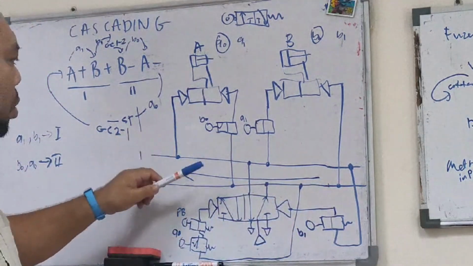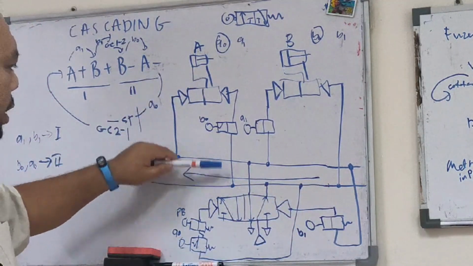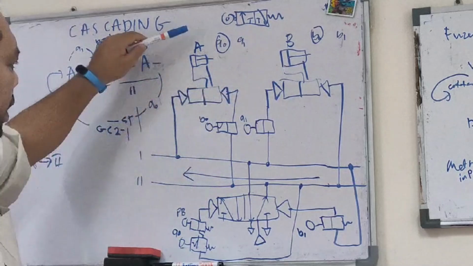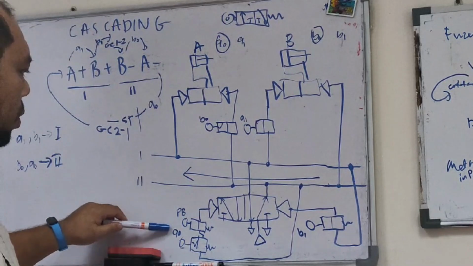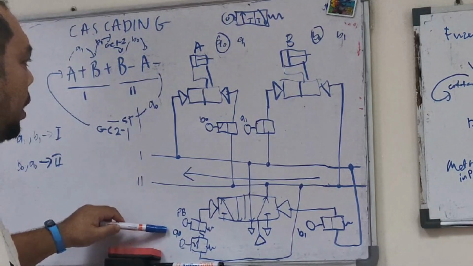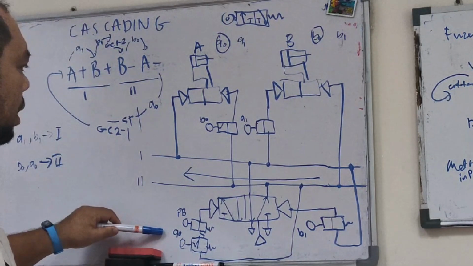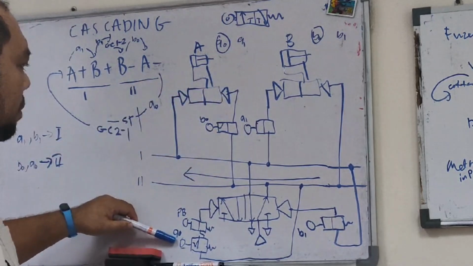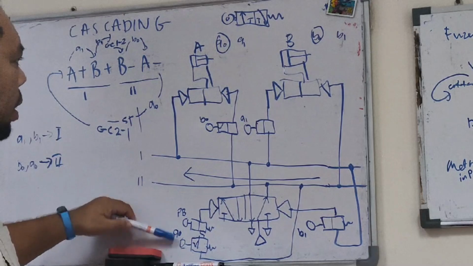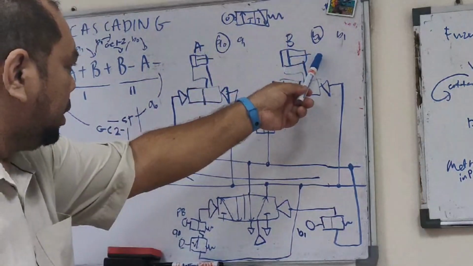So B0 activates, so it will keep A in retract. A0 activates. B0 activates. This one is in retract.